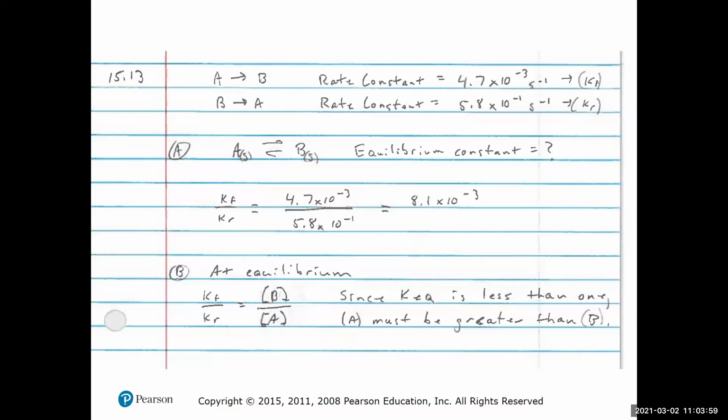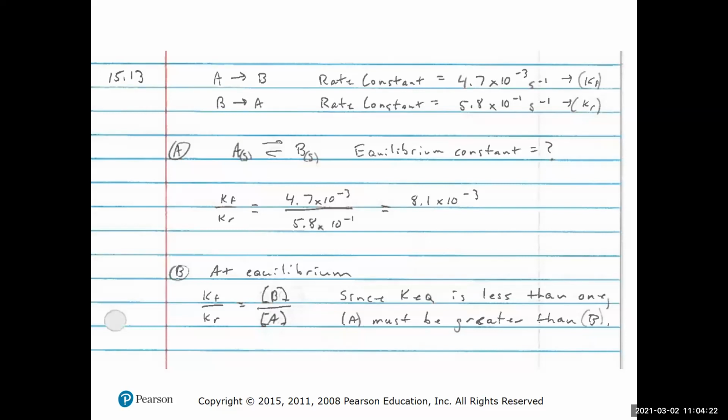What that tells me is if A and B concentrations were the same, this equilibrium constant would be 1. It's less than 1, right? Because it's 8.1 times 10 to the minus 3, so we've got some zeros there.